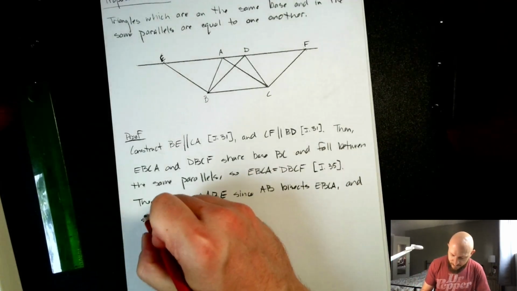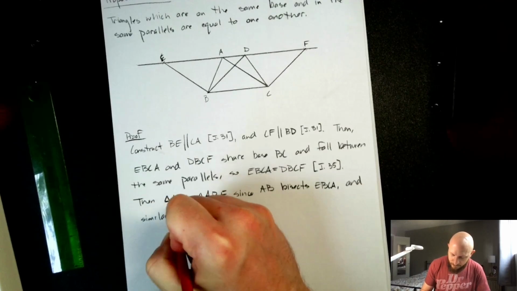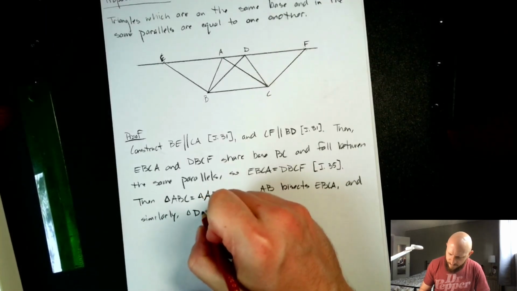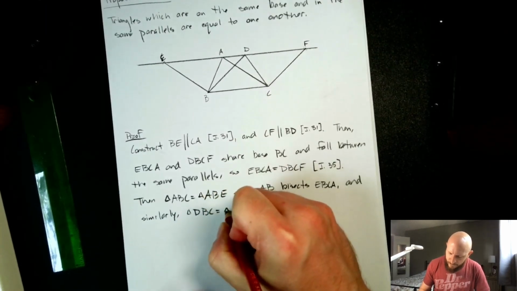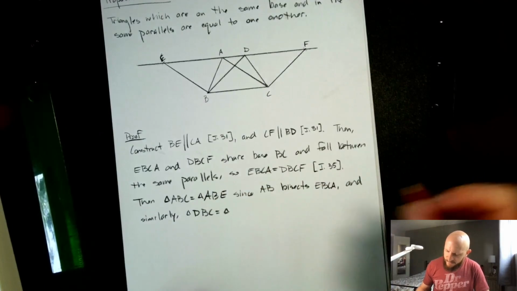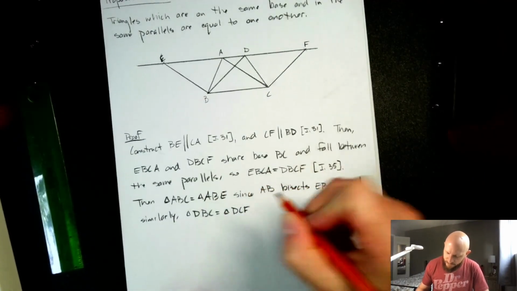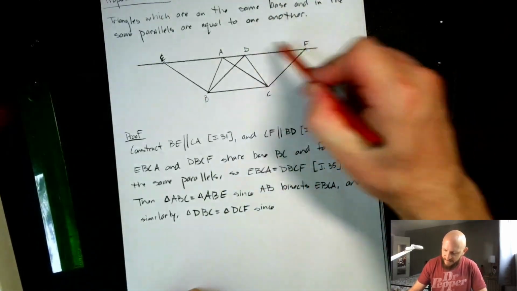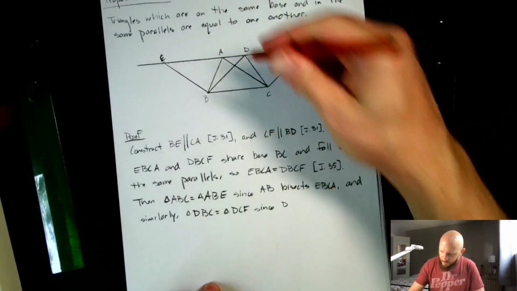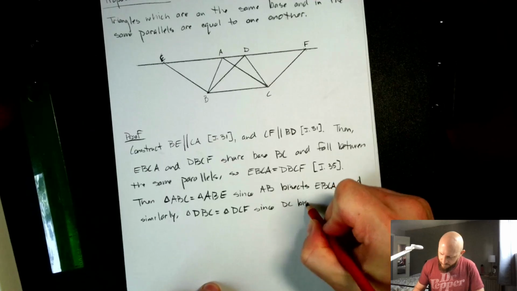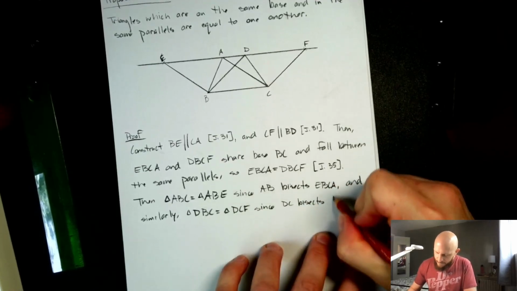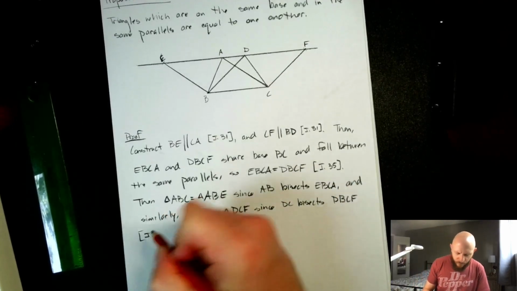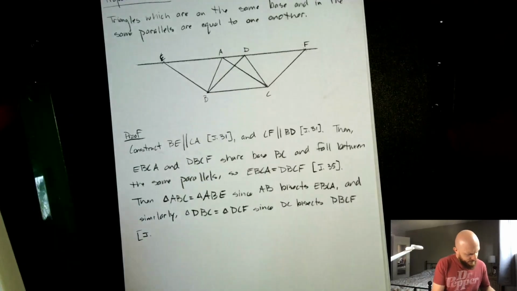And similarly, triangle DBC is equal to triangle DCF, since DC bisects DBCF. Right, DC, yeah. And all of that comes from prop, what was it? 34.